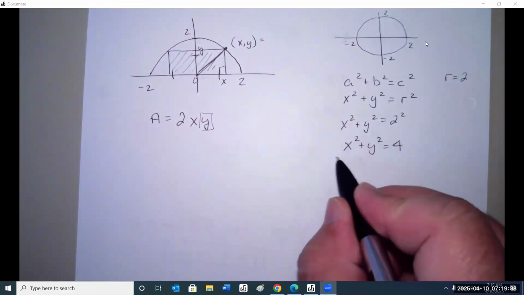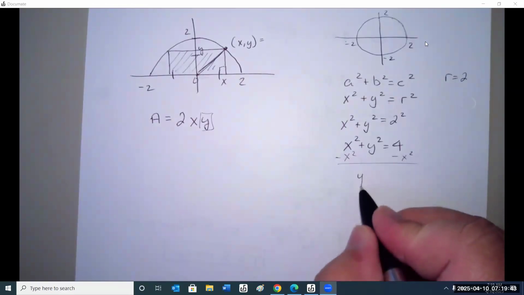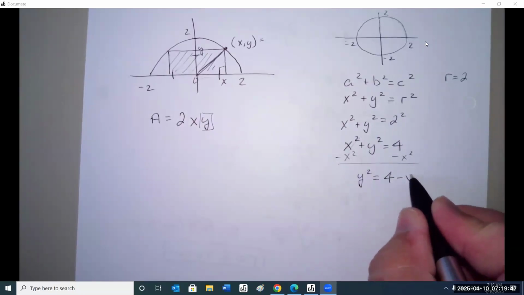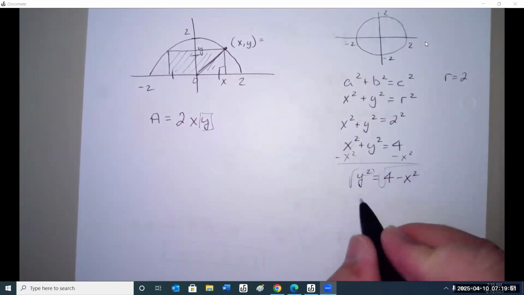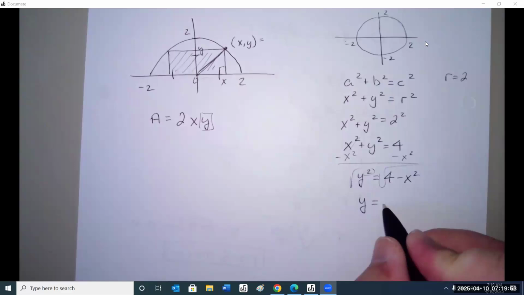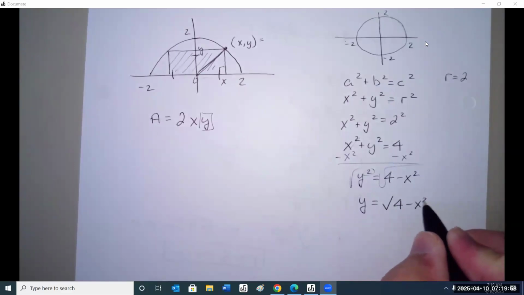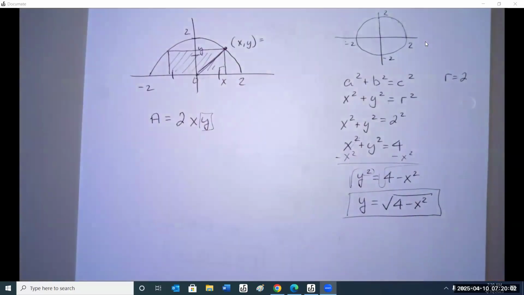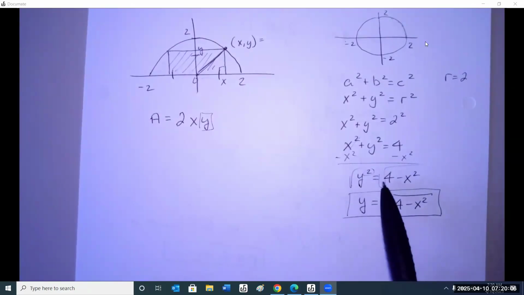So move the x over. It gives us y squared equals 4 minus x squared. Square root both sides. y equals the square root of 4 minus x squared. Yes, I know you say whenever you square root a squared number, you have to put a plus or minus in front.